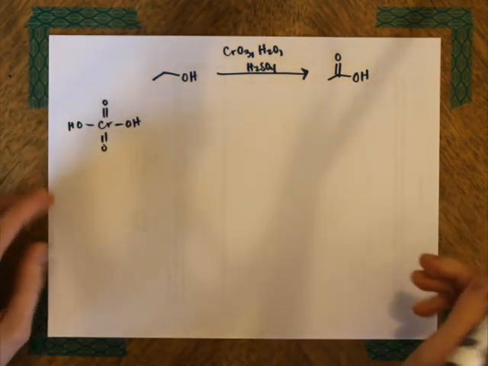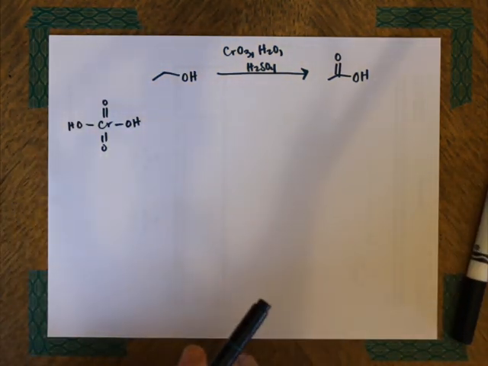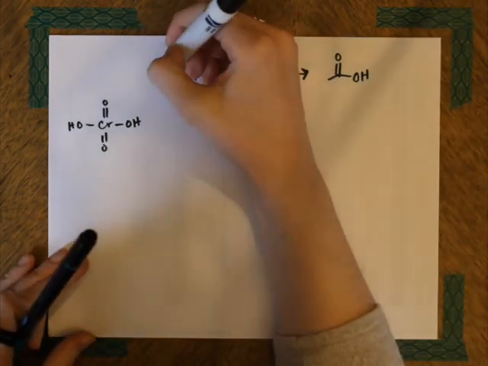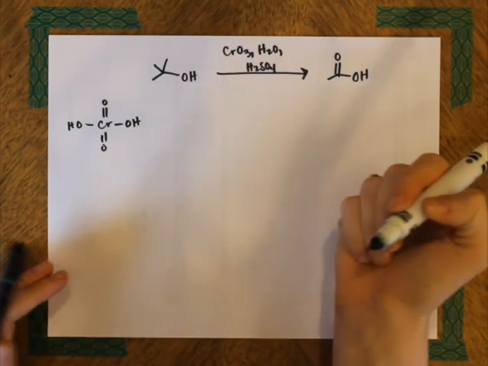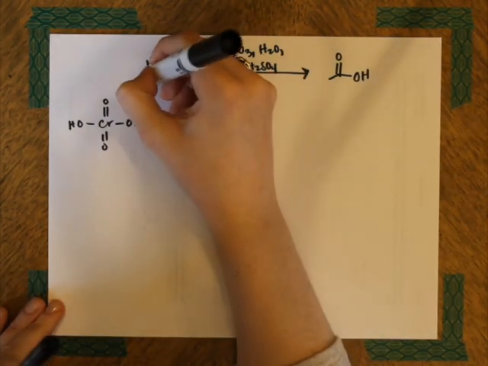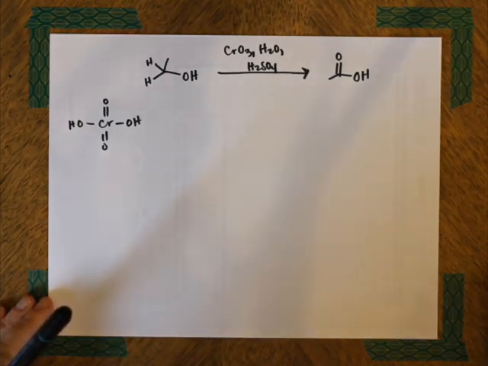Now, depending on who your professor is, you might get off with not having to do much in the way of really showing out this mechanism. So let's just say it's still ethanol, the mechanism on how this gets connected.